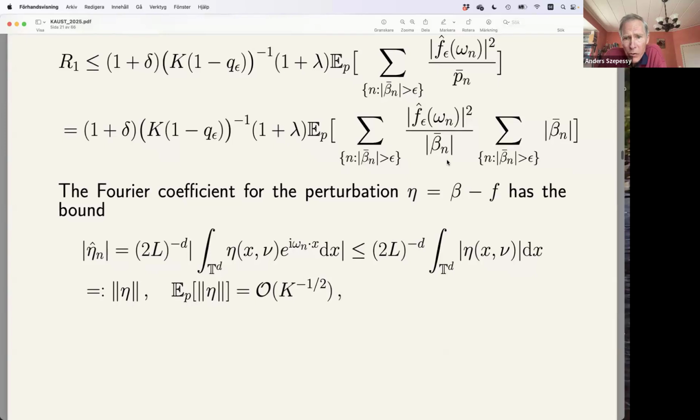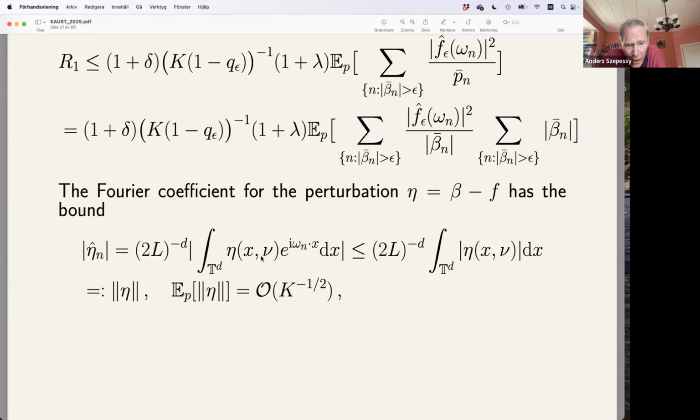Okay, so now we need to know something about the error in the amplitudes, and we know with the original sampling from the density p that the difference of the neural network and the function decays like 1 over k in the generalization error.